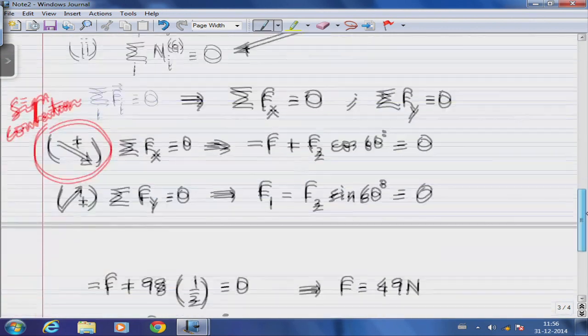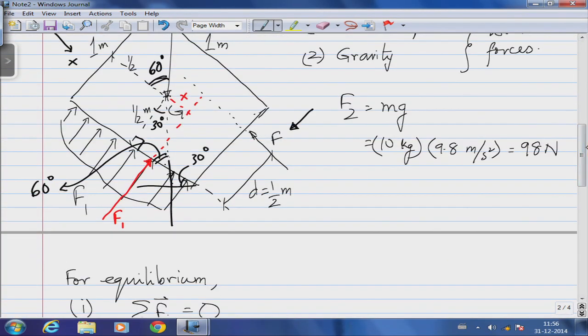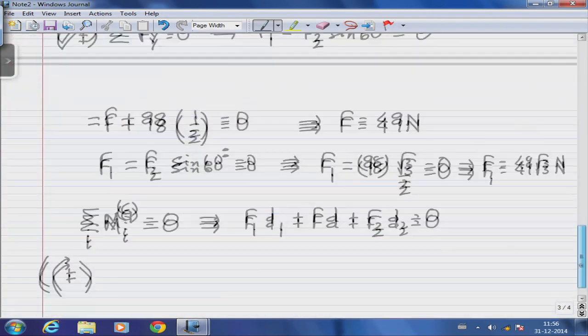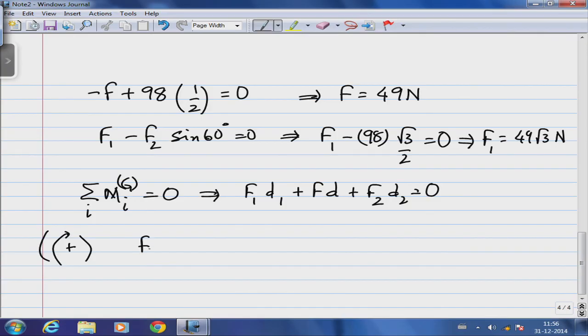Now, the moment due to F1, at least the way I have drawn it in this free body diagram, F1 is to the right of G, which means it is going to produce a counterclockwise moment. So, let us say F1 times x with a negative sign, because x positive means counterclockwise, plus F, which has been determined to be 49 newtons.